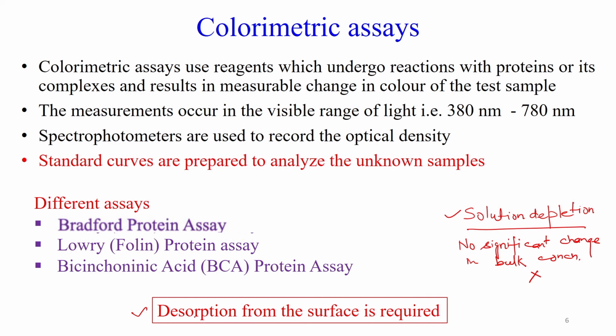So, we desorb the adsorbed protein from the surface, then we go for the analysis. In the colorimetric method we are adding certain reagents.